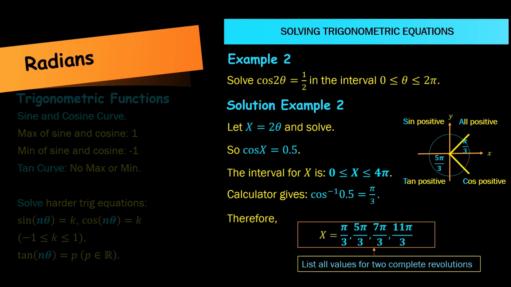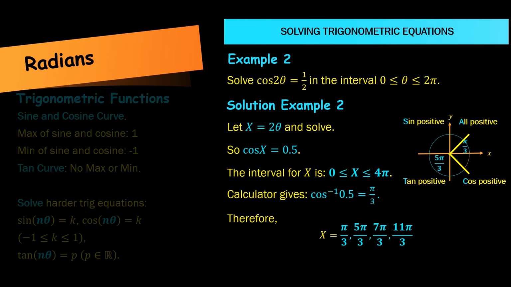Here we've listed all values for 2 complete revolutions. So 7 pi by 3 is obtained by adding 2 pi to pi by 3.